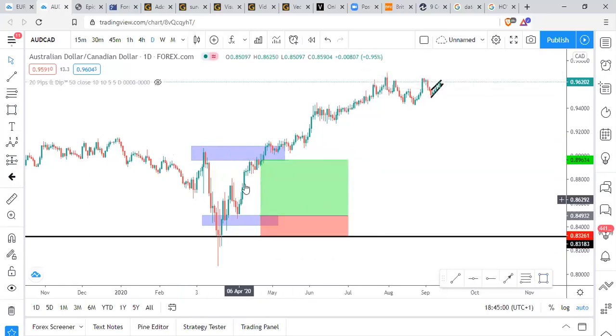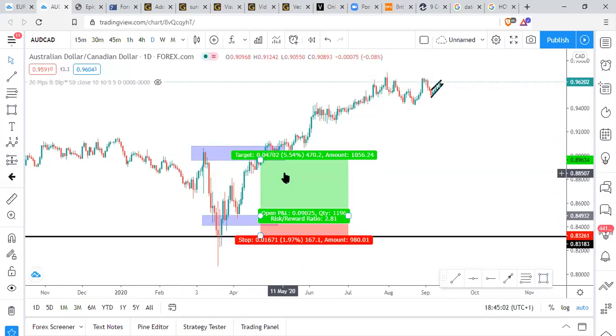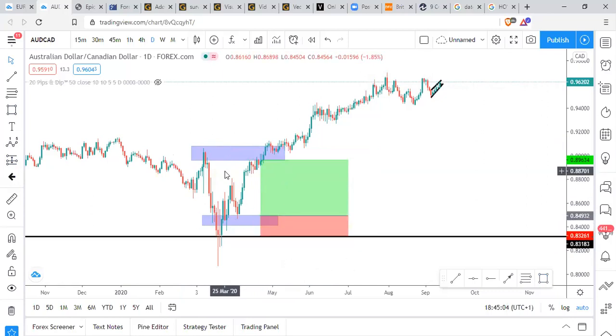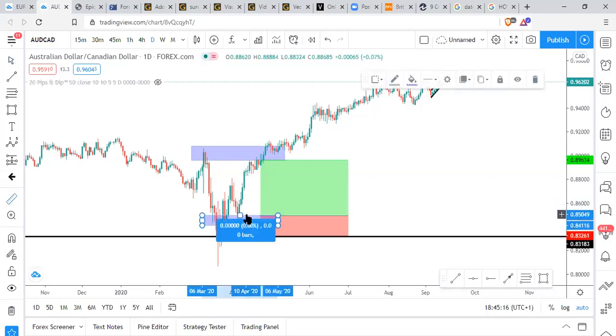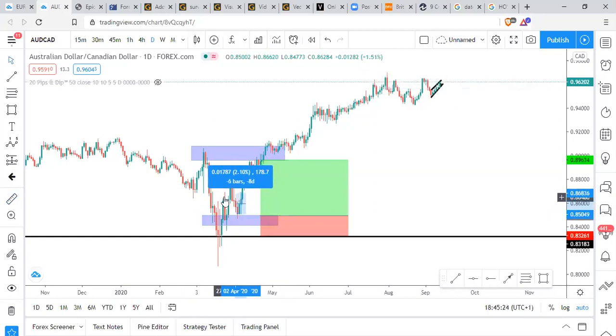So if this is your take profit, there is this green zone, and here's your stop loss, this red zone. So maybe you enter from here. If price should move, let me say it moves like 180 pips, what will you do?